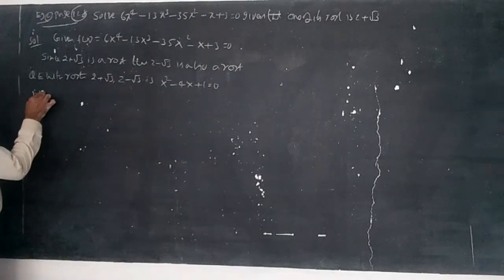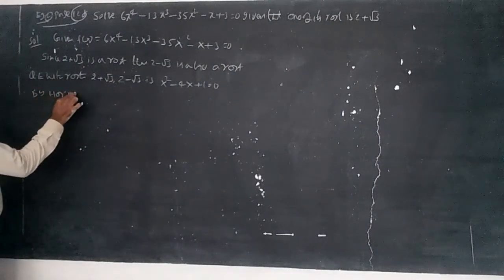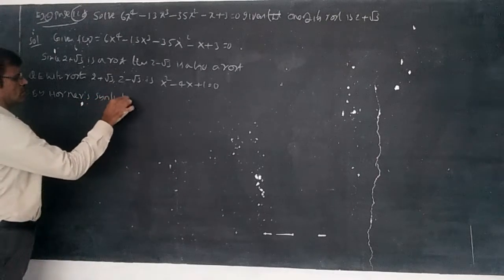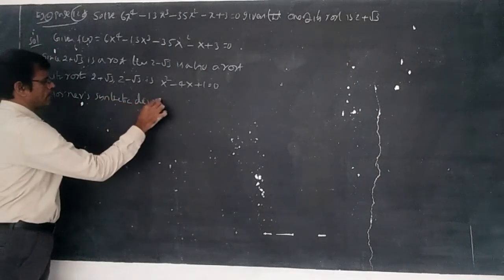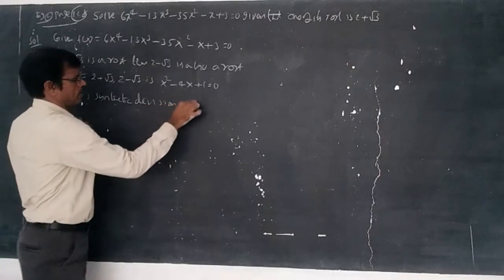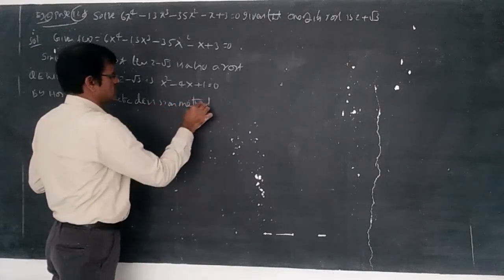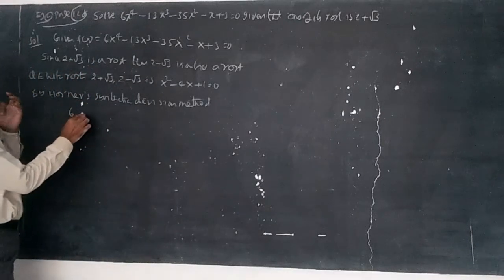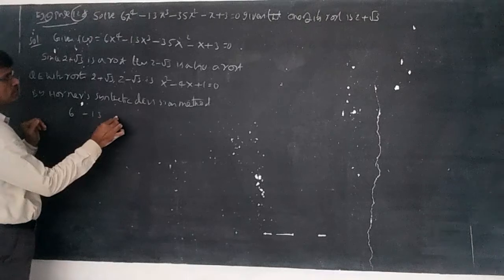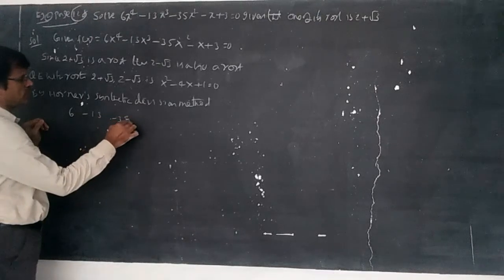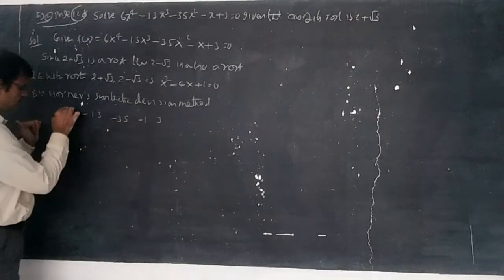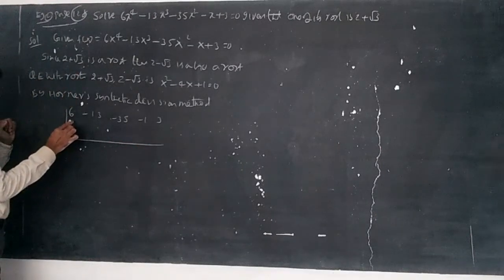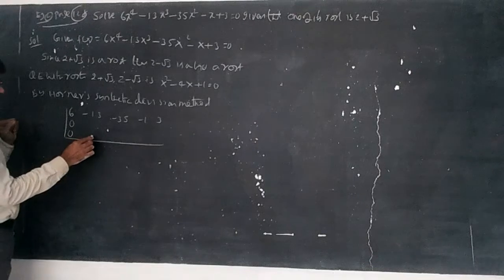Now by Arnold's synthetic division method, write the quotient 6, minus 13, and minus 35, minus 1, 3. We are dividing the quartic by the quadratic.